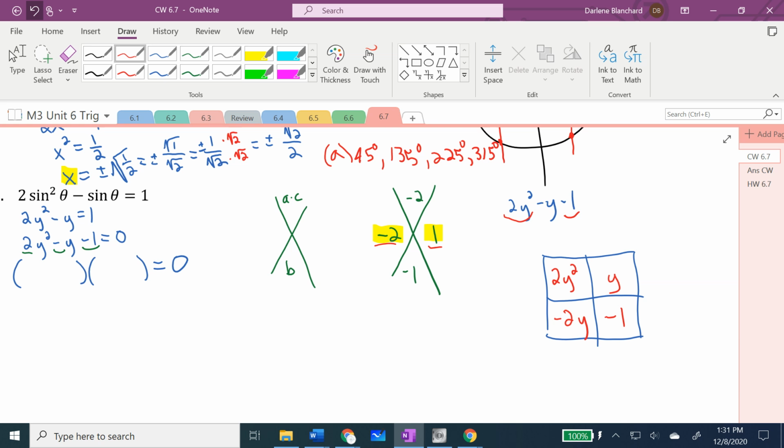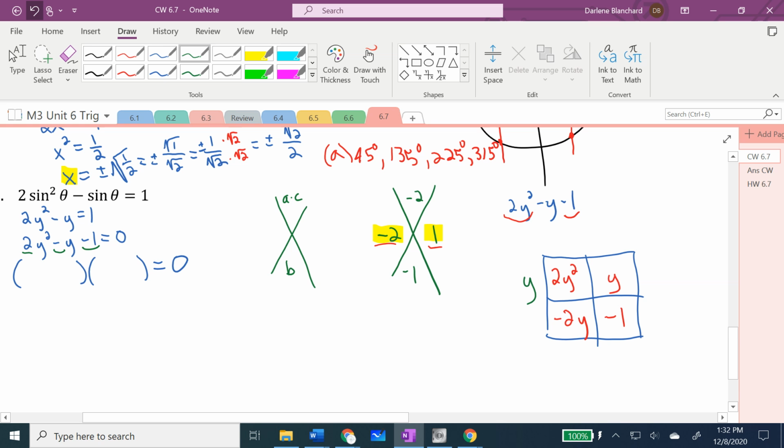And then it's a matter of thinking what are common factors within a particular column or within a particular row. Let's look at row 1. What can divide both of these terms in row 1? I've got a 2y squared and a y. What can divide both of them?